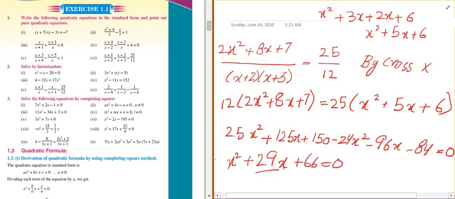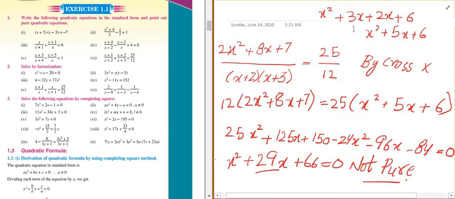Here b is 29, so this is not a pure quadratic equation. This is a quadratic equation but not pure, because b equals 29, which is the standard form of the given quadratic equation but not a pure quadratic equation. Question number 1 is complete.